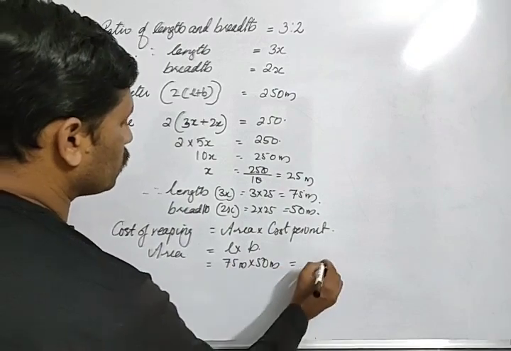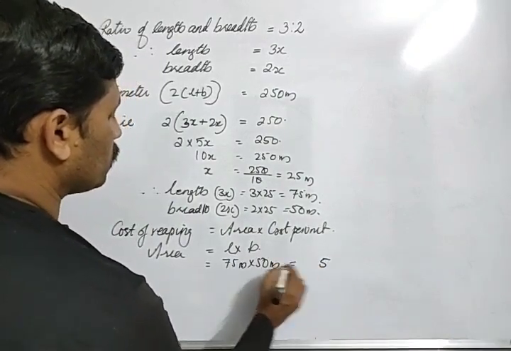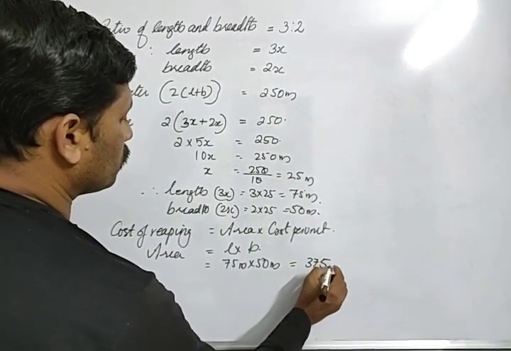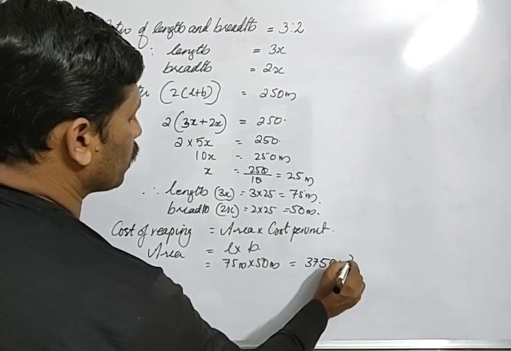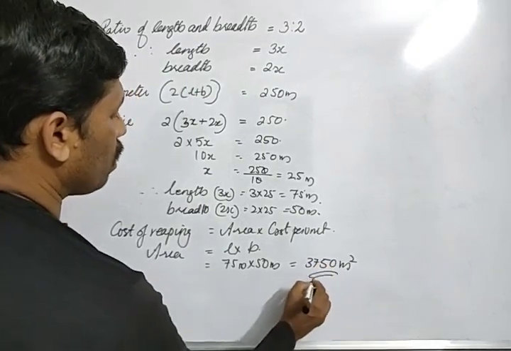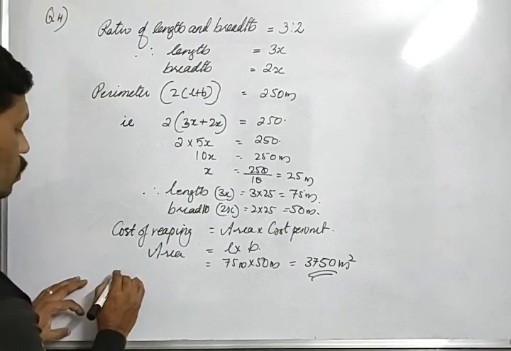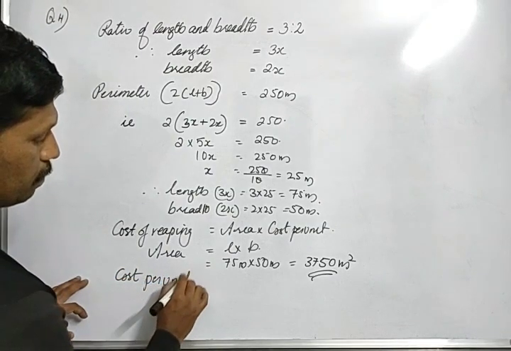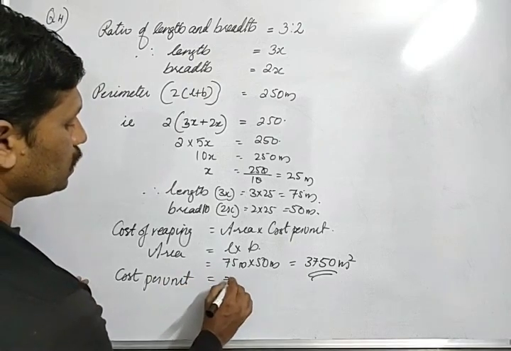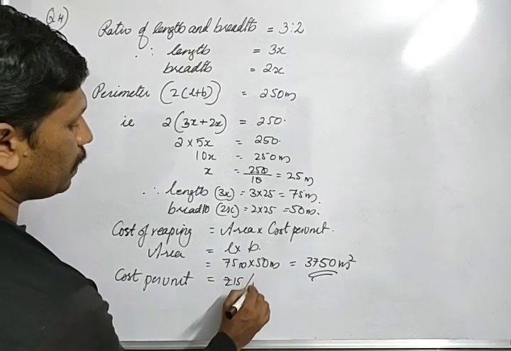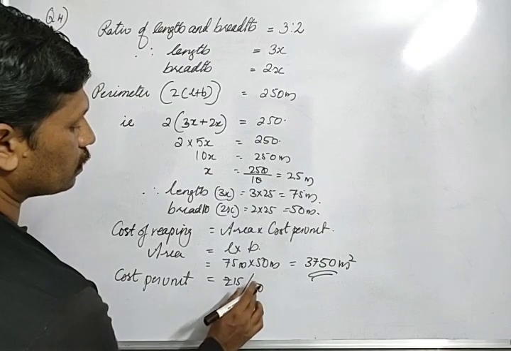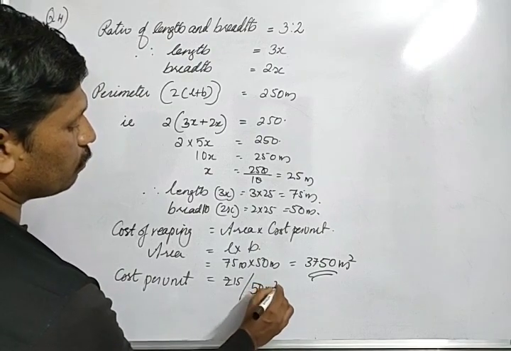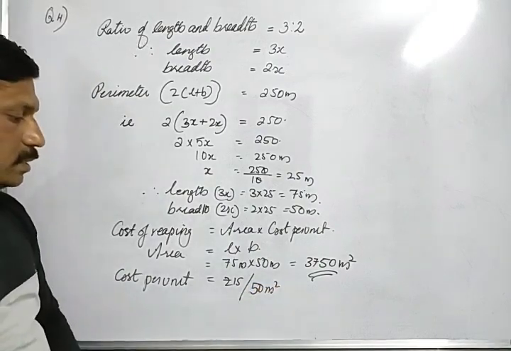That's equal to 5 5s are 25, 3750 meters square is the area of that field. And cost per unit: rupees 15 per 50 meter square. For 50 meter square, 15 rupees.